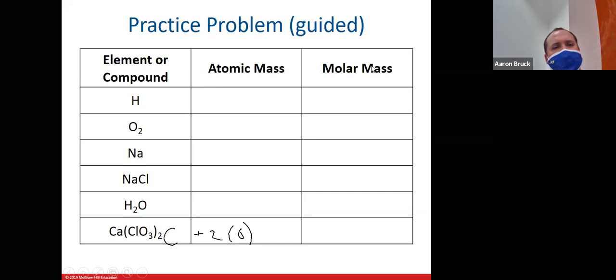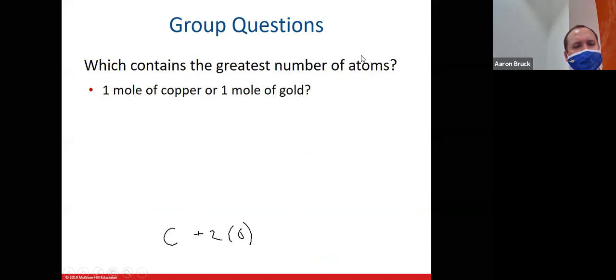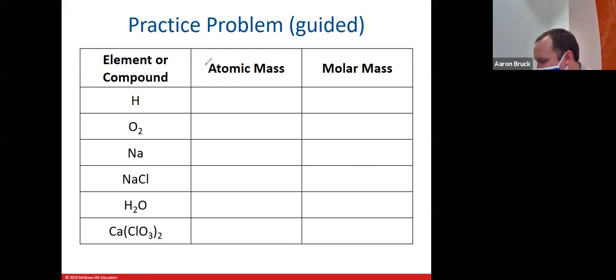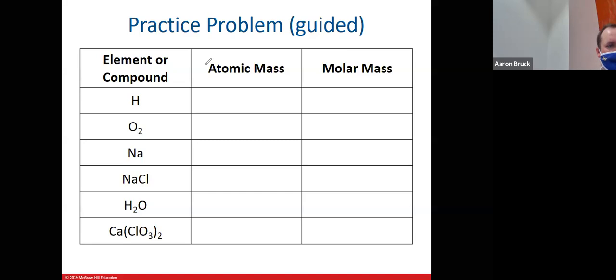So let's do some practice problems where we calculate some molar masses. If you have a periodic table on you, this would be a great time to break that out. If you don't, that's okay. You're just going to have to follow along as best you can. So, hydrogen.